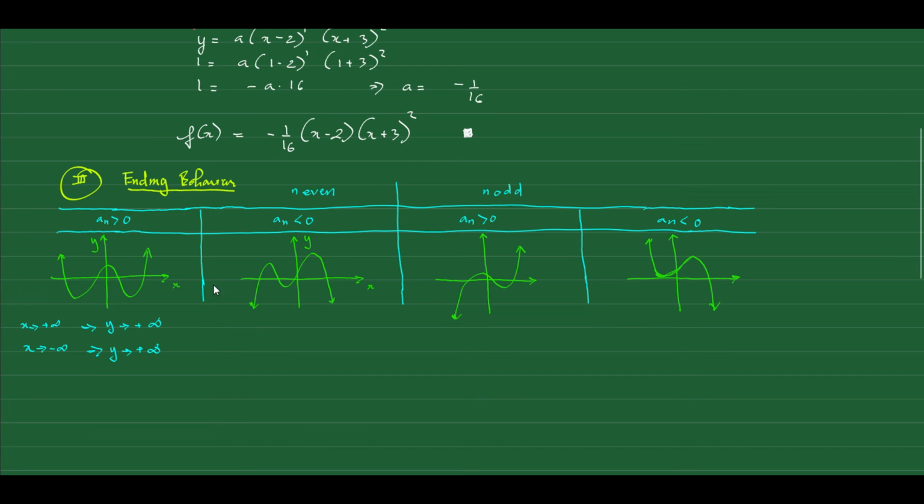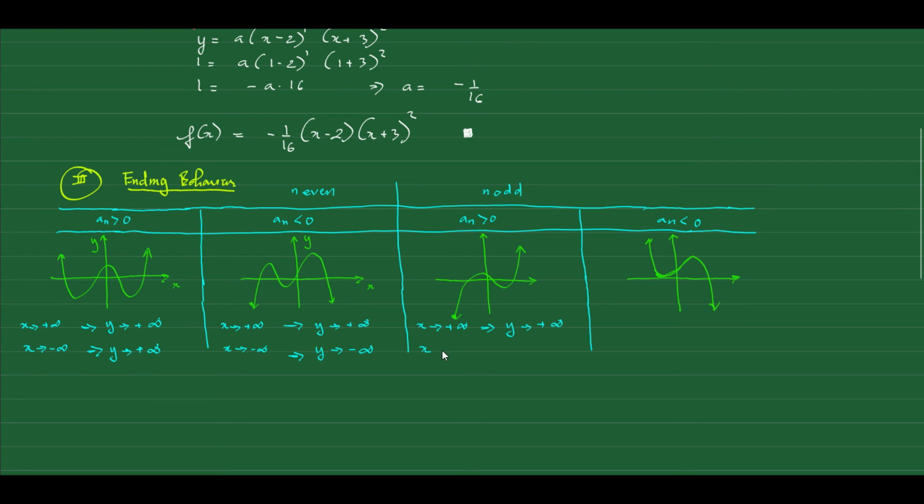The same thing over here. When x approaches positive infinity, the function goes down. When x approaches negative infinity, the function still goes down. Over here, when x approaches positive infinity, going to the right, the function goes up, so y approaches positive infinity.